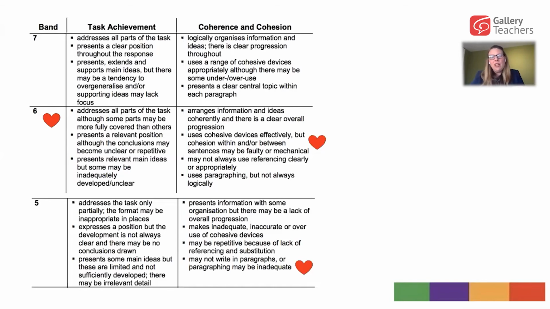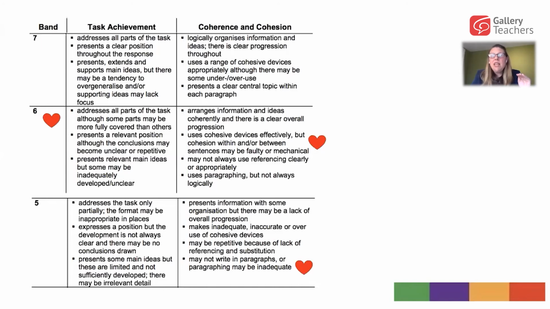And just before we look at these hearts in a little bit more detail, I want you to keep in mind that the way a candidate moves from 5 to 6, for example, is by achieving every single bullet point in 5. If anything is missing, they cannot go beyond 5, okay?